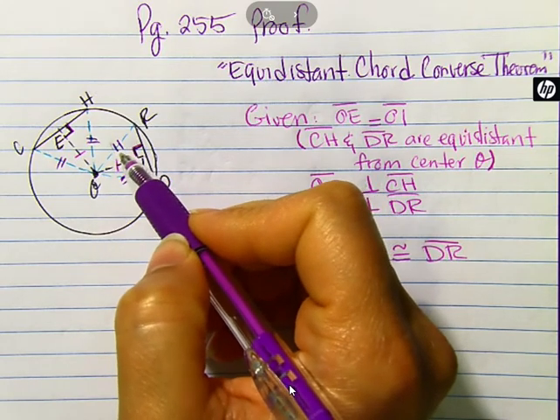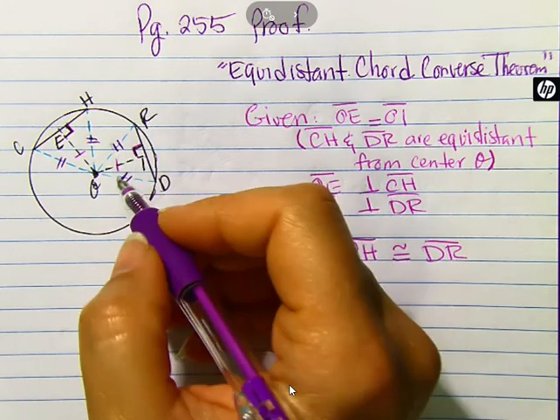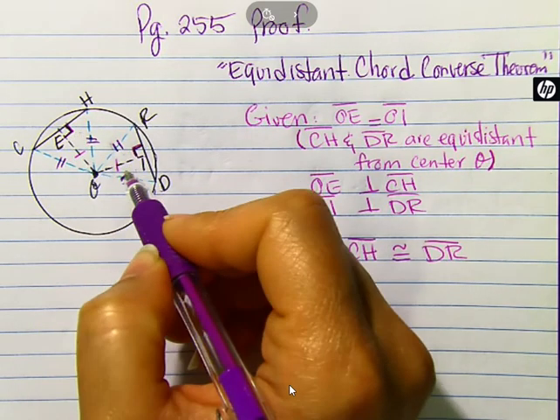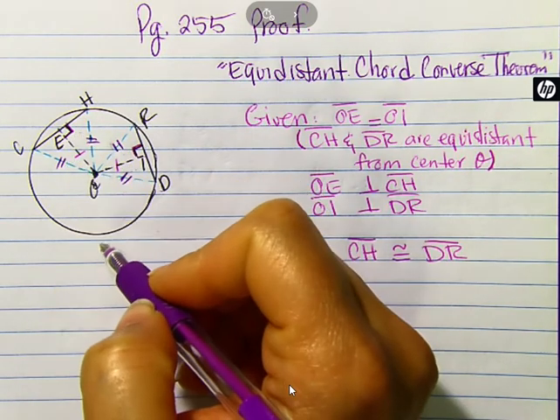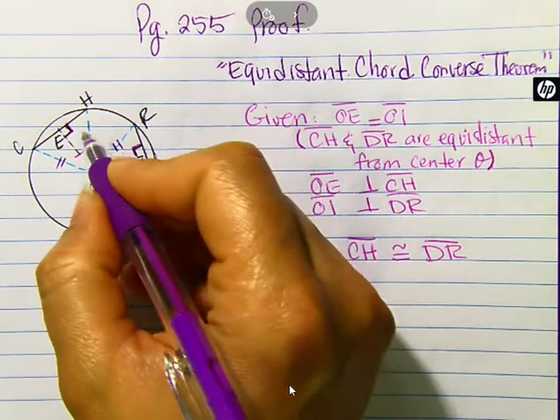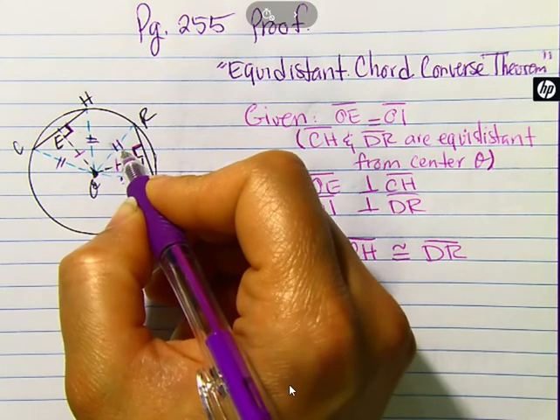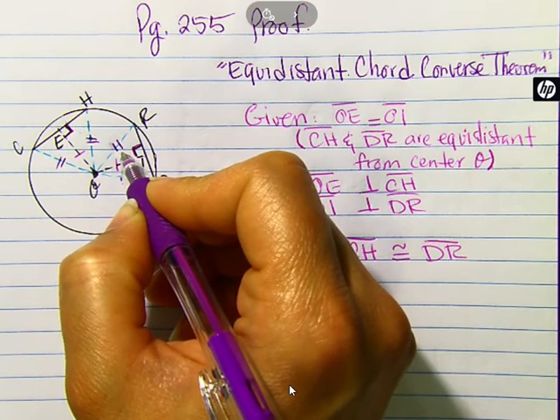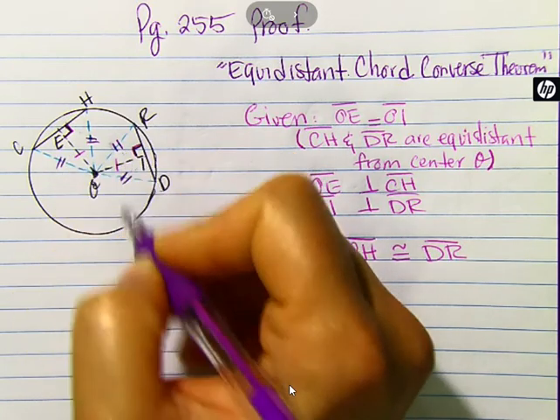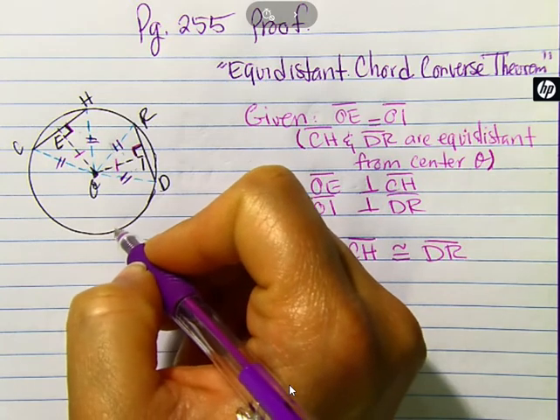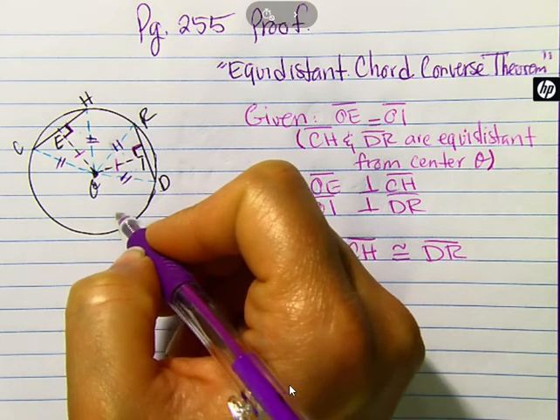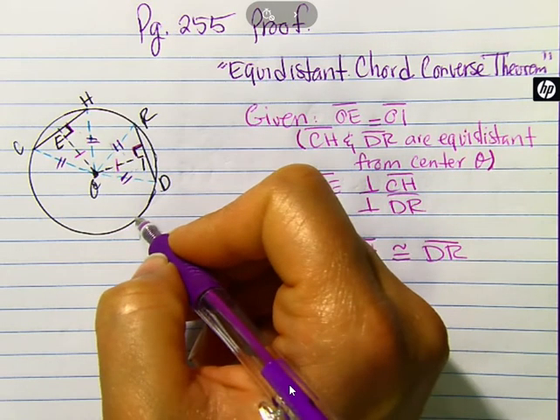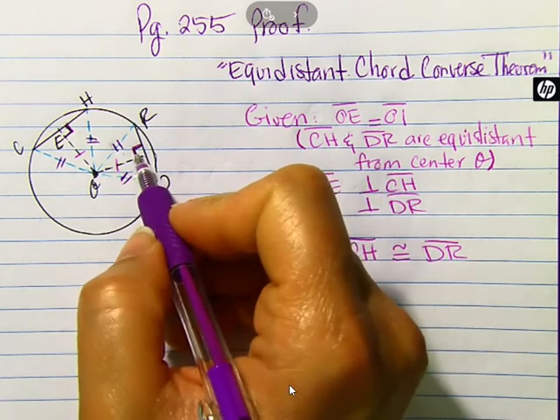Now, I'm going to also link these two triangles together and these two triangles together. Once I've linked these two together as being congruent to one another, then I've created a link between all four triangles, and then I can say by substitution or transitive property, depending on how you write it, all four triangles are going to be congruent. So here's what I'm going to do.